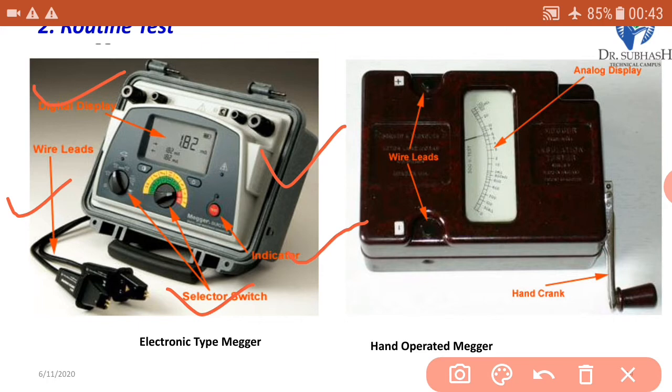And in the second image we have a hand operated Megger, and it is analog type. We can see the pointer and analog display, wire leads, then hand crank. So we have to operate it with our hand, so it is known as a hand operated Megger. But nowadays the electronic type Megger is more used.